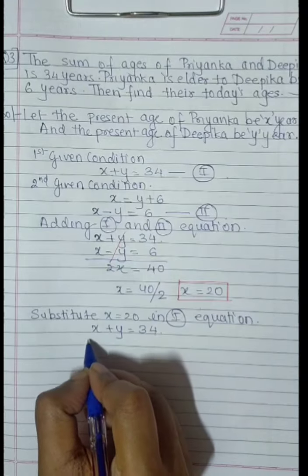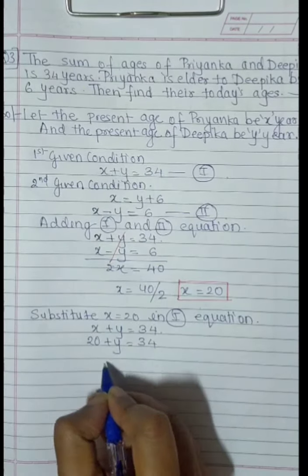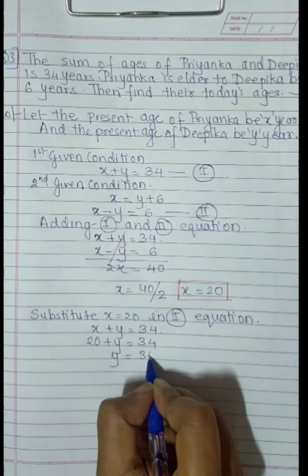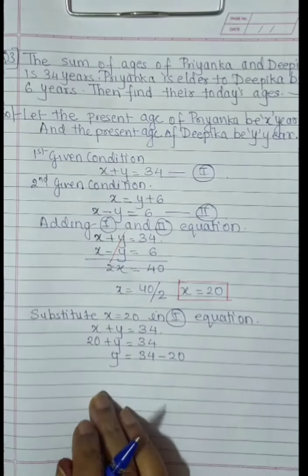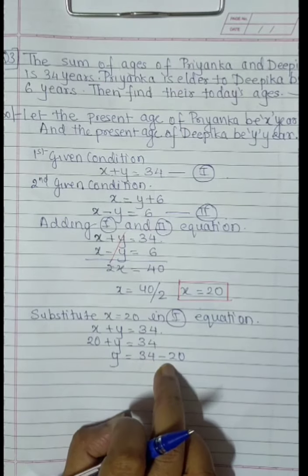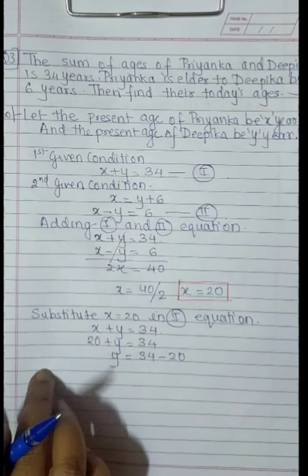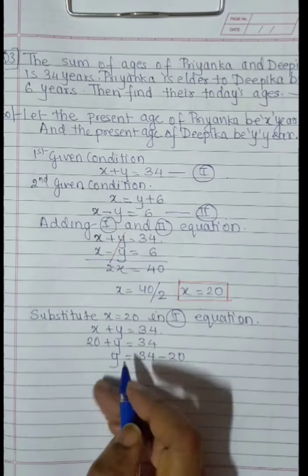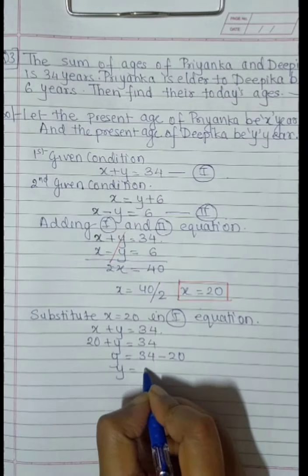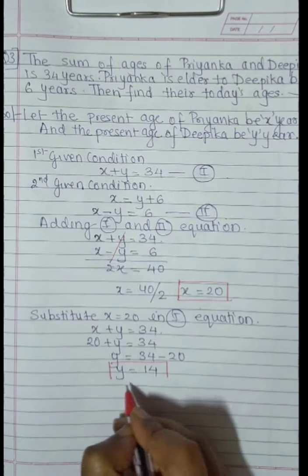In the place of X we write 20 plus Y equal to 34. Now Y equal to 34 minus 20, because when a left hand side number moves to the right hand side, positive sign will become negative, and if negative is there, it will become positive. So Y is equal to 14. We got the value of Y as 14.